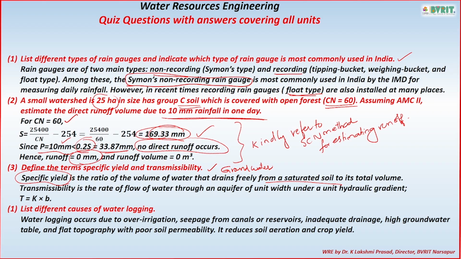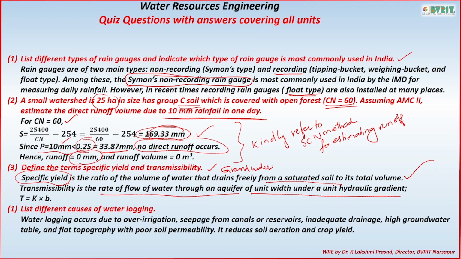Specific yield is the ratio where the numerator is the volume of the water that is drained freely, divided by the total volume of the soil. And what is transmissibility? Transmissibility is nothing but the rate of flow of water through an aquifer of unit width under a unit hydraulic gradient.